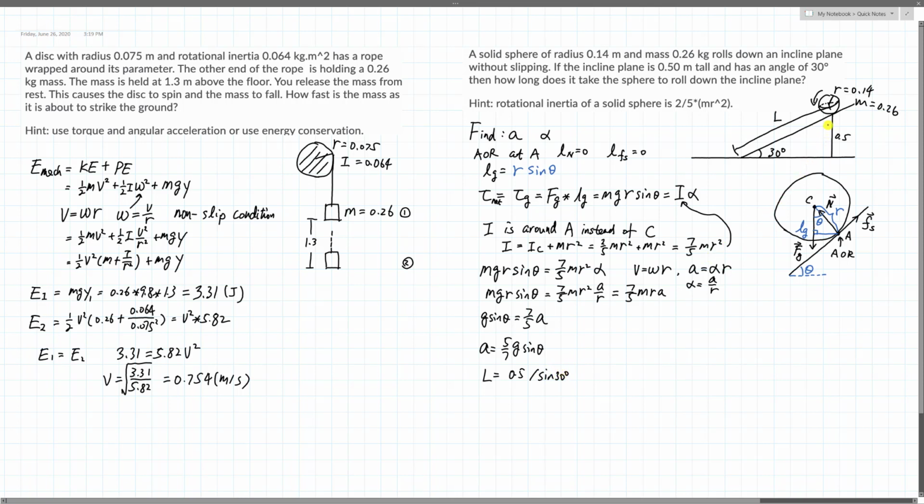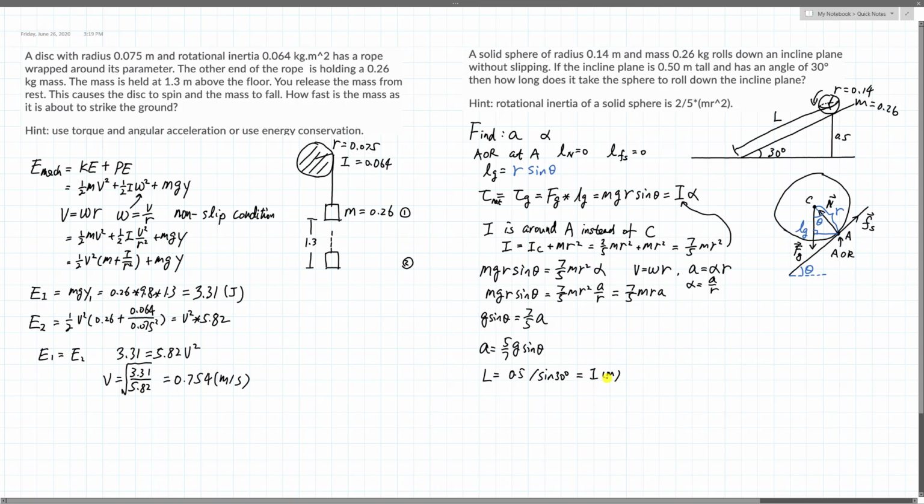That's because this is opposite to the angle, right? Opposite over hypotenuse is sine 30, so opposite over sine 30 is the hypotenuse. Sine 30 is a half, so half over half is 1 meter along the inclined plane.